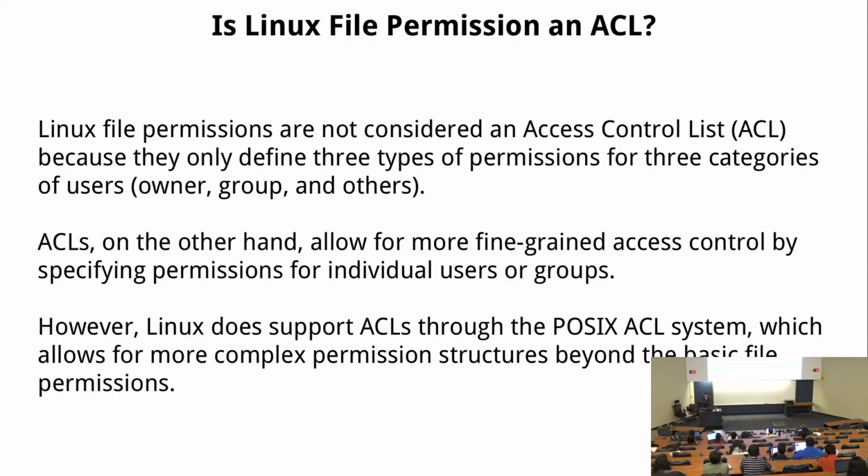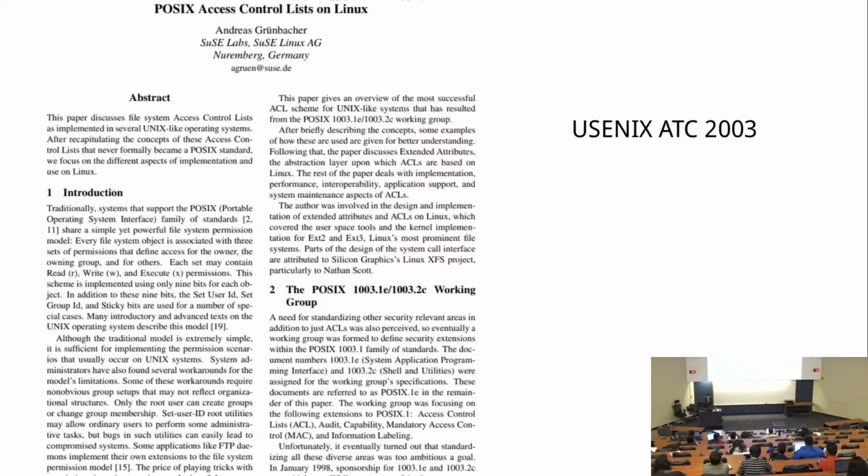That's why many years ago, people have been extending Linux to support the access control list system. So it will allow very complex permission structures beyond the basic default ones. There was a paper published in USENIX ATC 20 years ago. ATC stands for Annual Technical Conference, I believe.